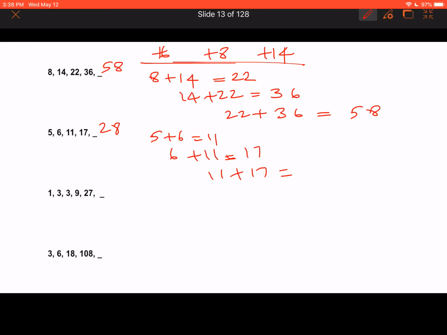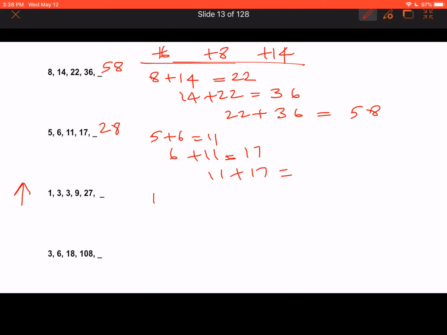Okay, next is 1 plus 3 makes 4, but the next term is 3. 3 plus 3 makes 6, but it is 9. So this is not the pattern. But this is an increasing order, right? So increasing orders may increase either by addition, and also it can increase by multiplication, right?